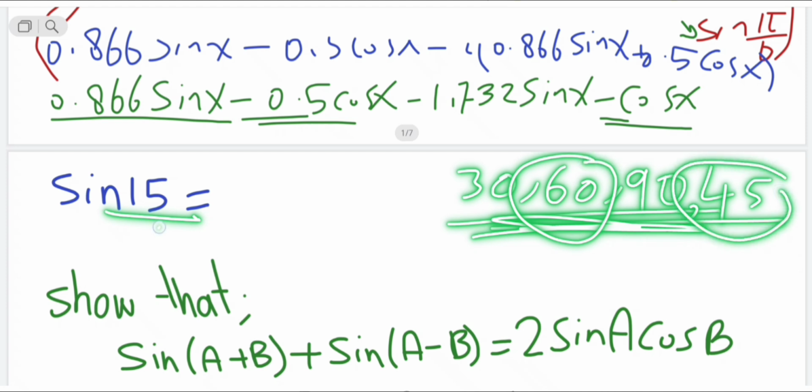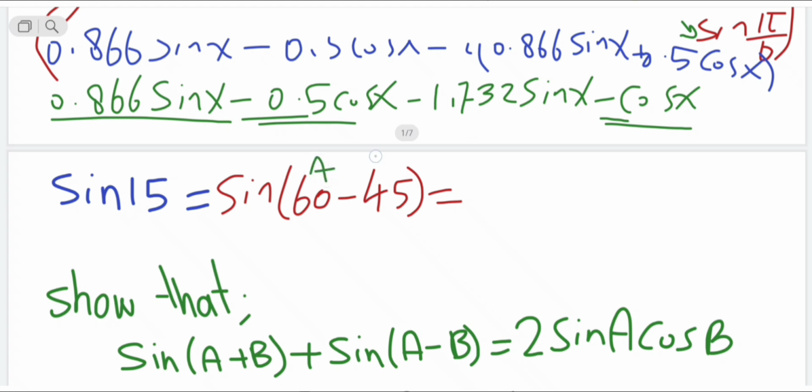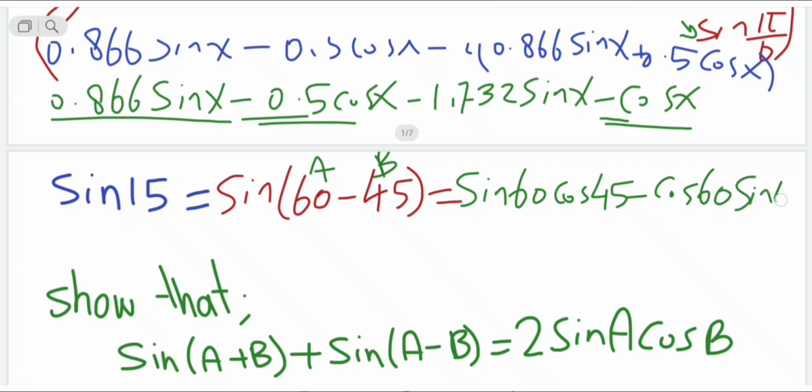So sin(60 − 45) is the addition subtraction formula. This is A, this is B. So sin A means sin 60, cos B is cos 45, minus cos 60, which means cos A, sin B means sin 45. Clear? So now we will use the calculator.